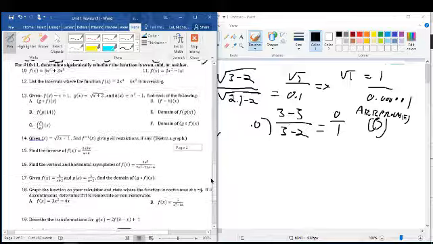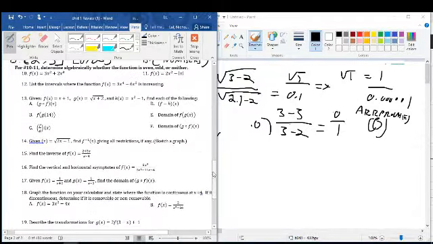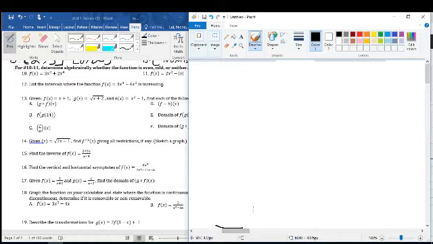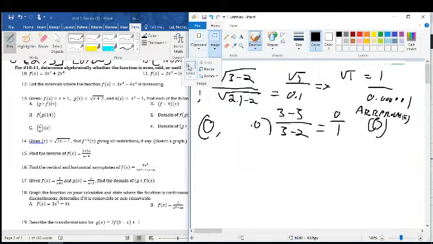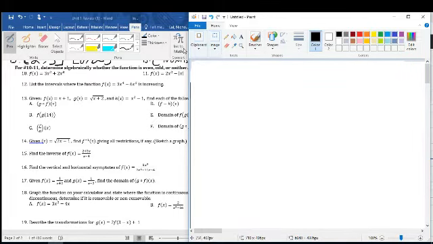For 10 and 11, determine whether the function is even, odd, or neither. So let's determine whether it's even, odd, or neither. So we have 3x squared plus 2x cubed.